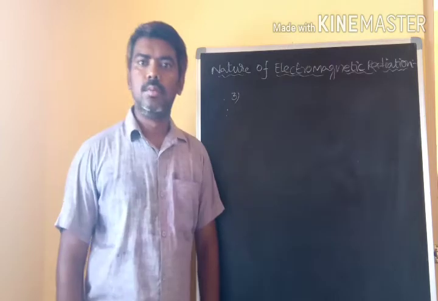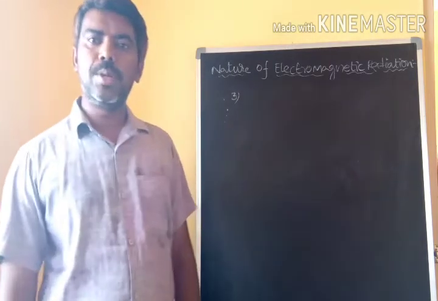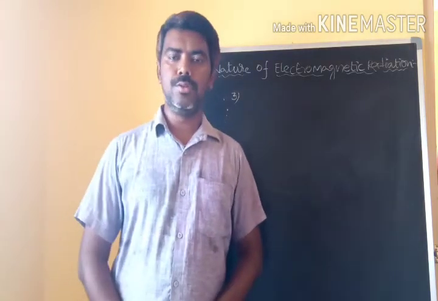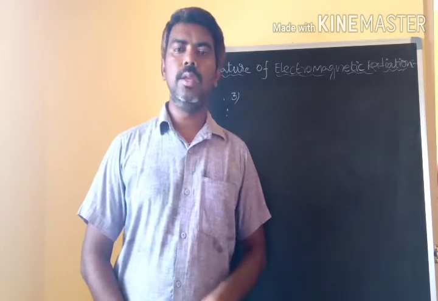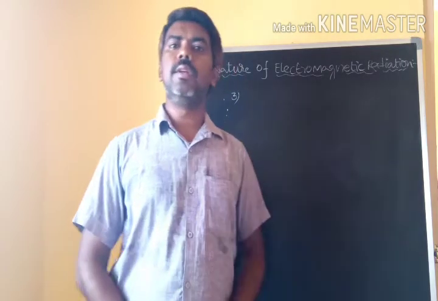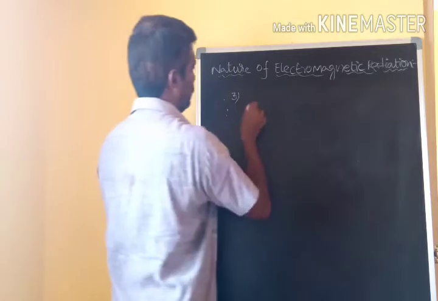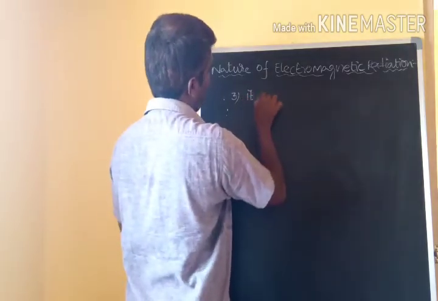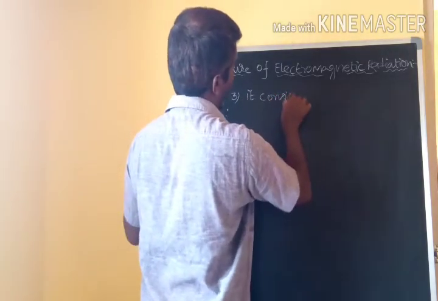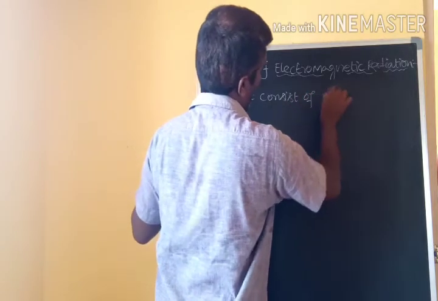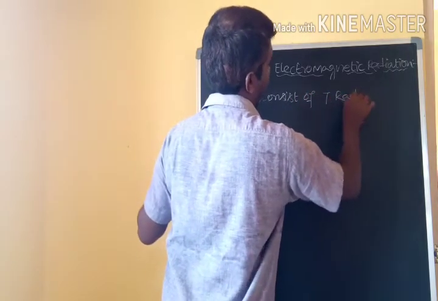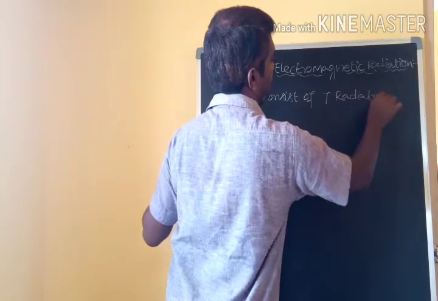Next, third point: electromagnetic radiation consists of 7 different radiations.